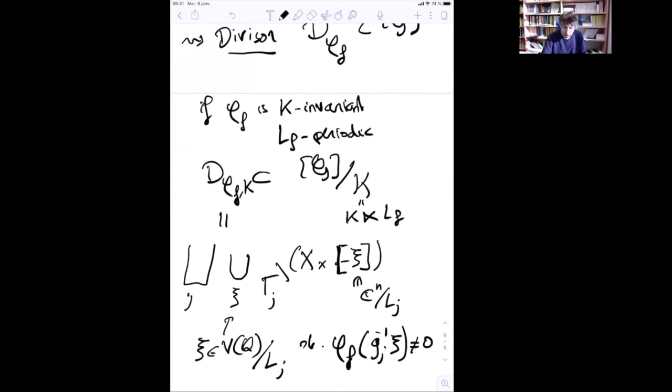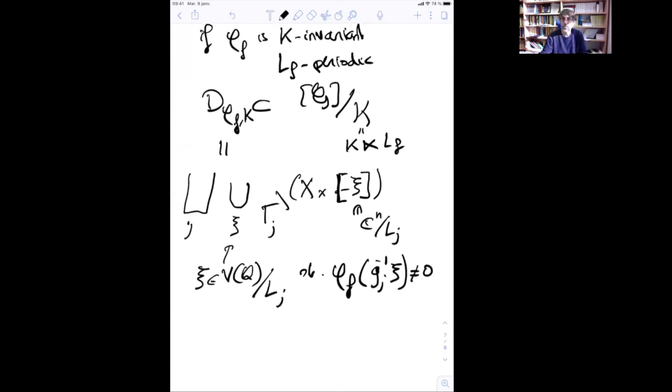So, in other words, if you look only at the component at the identity, the one in the disjoint union J which corresponds to Gj equal the identity, what you are considering here is all the points that are in the support. I mean, the negative of the point, but it's purely technical. Negative of the points that are in the support of phi.